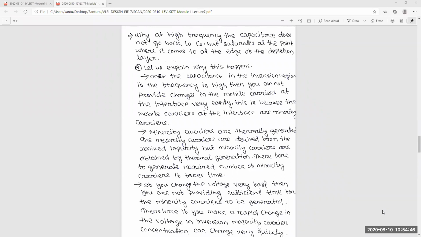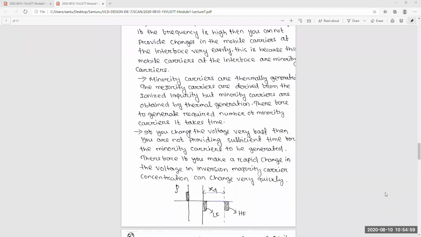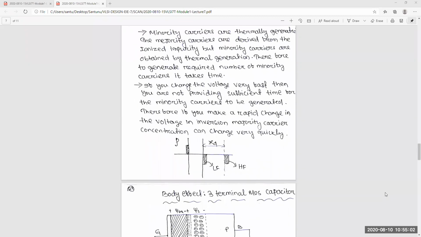The majority carriers are derived from the ionized impurity, but the minority carriers are obtained by thermal generation. Therefore, to generate the required number of minority carriers, it takes time. So if you change the voltage very fast, you are not providing sufficient time for the minority carriers to be generated. Therefore, if you make a rapid change in the voltage in inversion, only the majority carrier concentration can change very quickly. So this is the explanation.